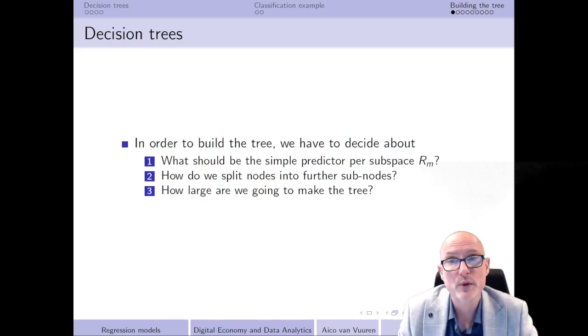The number of layers of the tree that we're going to use in our final prediction is going to be the one that has the lowest cross-validation risk or validation risk. So that's the idea behind this.